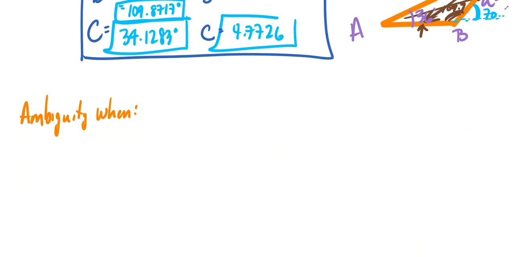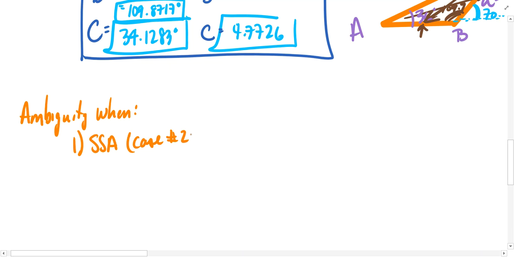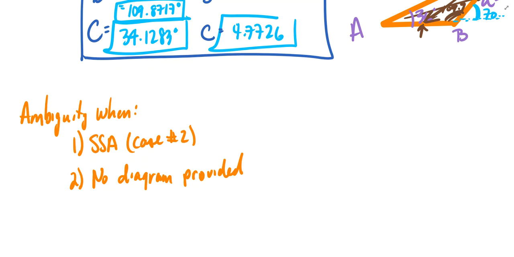There is ambiguity when, first off, you're dealing with the SSA case, which is case number 2, and there's no diagram provided. If the diagram's provided, most of the time we can assume that it's drawn to scale and fairly accurately. In this case, there was no diagram, so we weren't sure which solution would be appropriate.